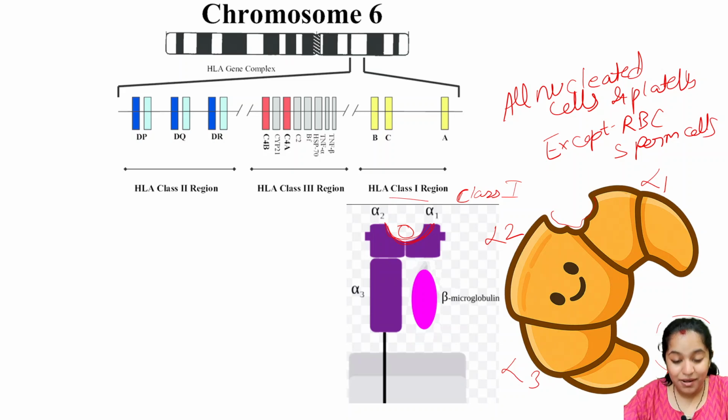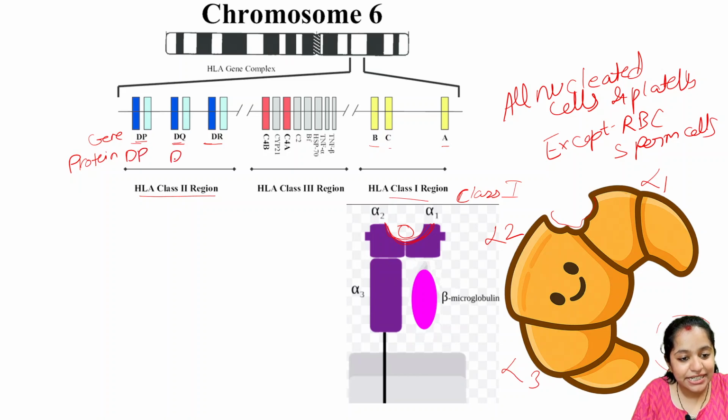Now we'll talk about your HLA class 2 region. In class 1 we read A, B and C, so in class 2 we will move to D. The genes here are DP, DQ and DR, and the proteins formed here are HLA-DP, HLA-DQ and HLA-DR. Clear?